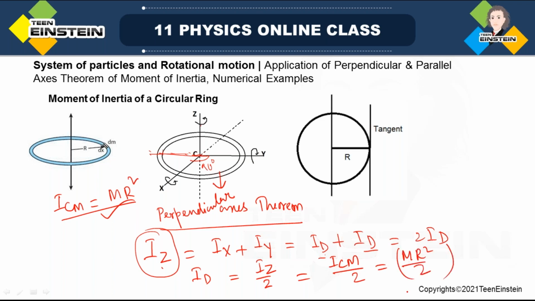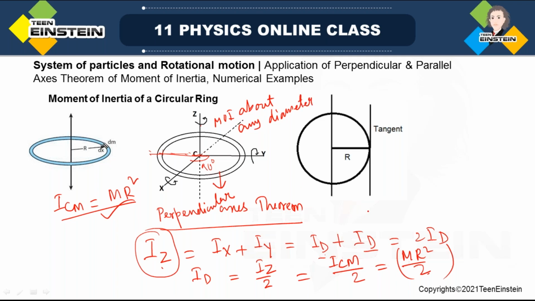So the moment of inertia about any diameter of this ring will be m r square by 2. This is the moment of inertia about any diameter.